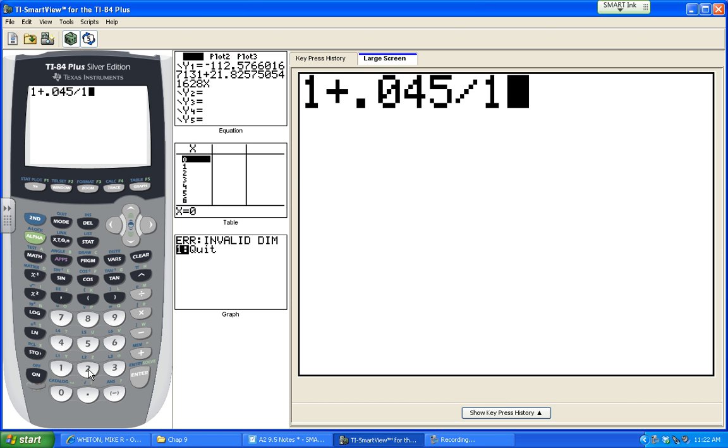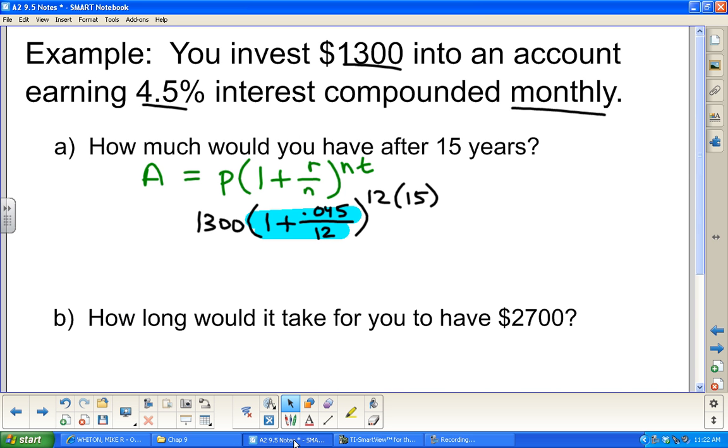Again, it's definitely possible to do the whole thing in one step, but I personally like to break it down. So let's say that's our b value, that's the growth. Now if you remember in the formula, that is getting raised to a power. 1.00375 is this number.